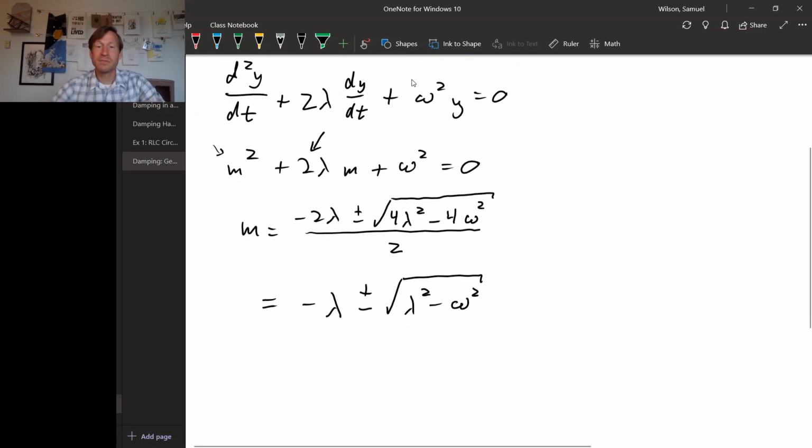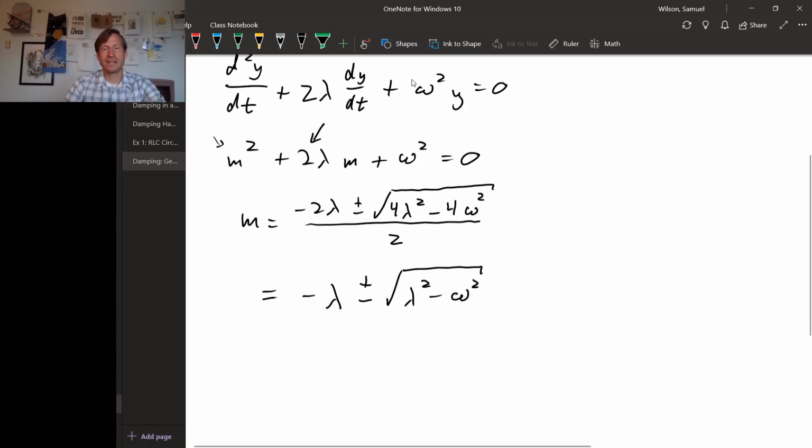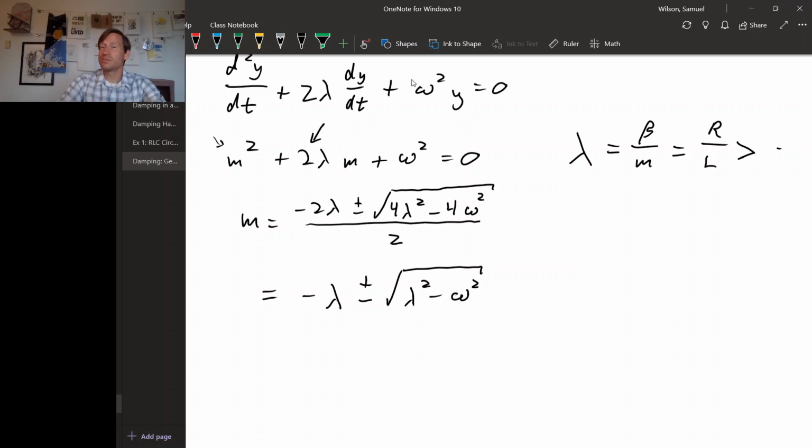Now, some things to notice: if you go back and look at where lambda came from, in the mass spring situation it's beta over m, and in the circuit situation, it's resistance over inductance. But no matter where this comes from, lambda is always positive.